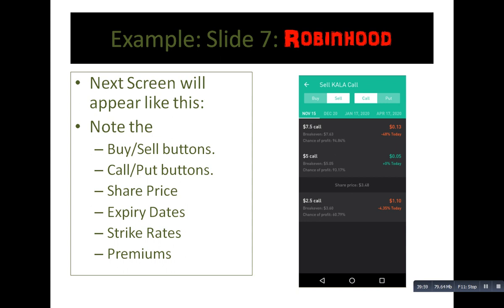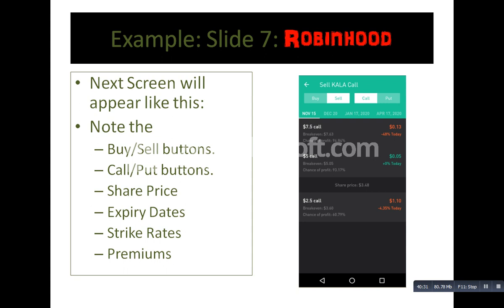For example, if I sell a call option for my covered call at the $7.5 strike price, the current premium in the market is 0.13, so I will get $13 at the end of November 15, if the price does not cross 7.5. The current share price is shown here, 3.48. I hope this was clear.